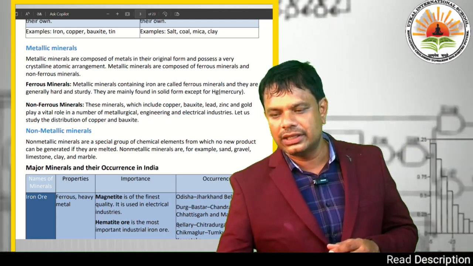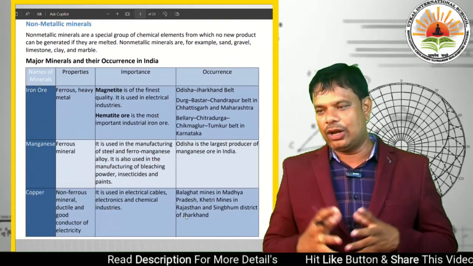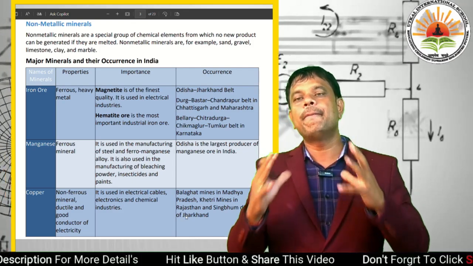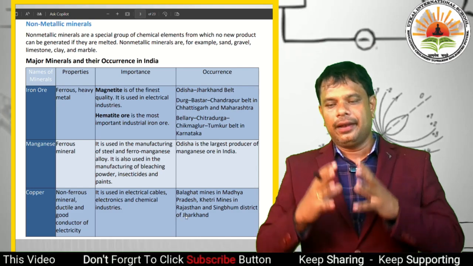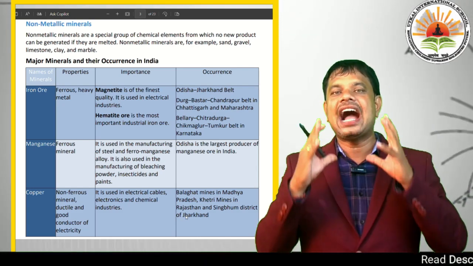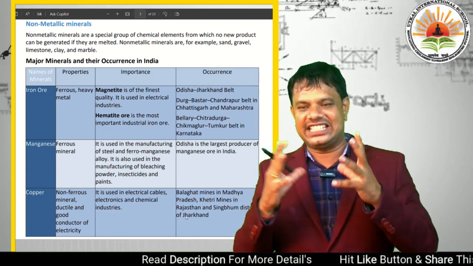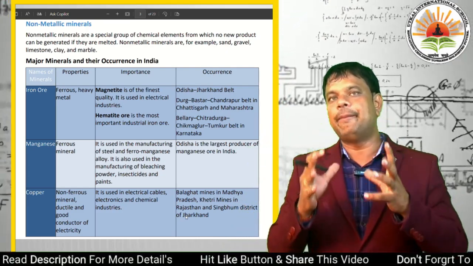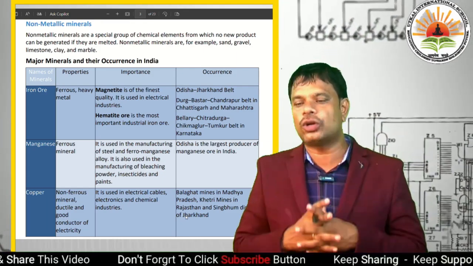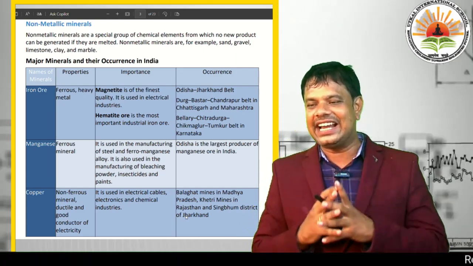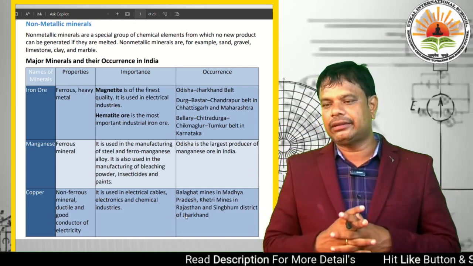So dear students, major minerals and their occurrences in India, the locations where we find these minerals. The main mineral is iron ore and its properties are ferrous and heavy metal. So dear students, what is the importance of iron ore? You know magnetite is the finest quality.